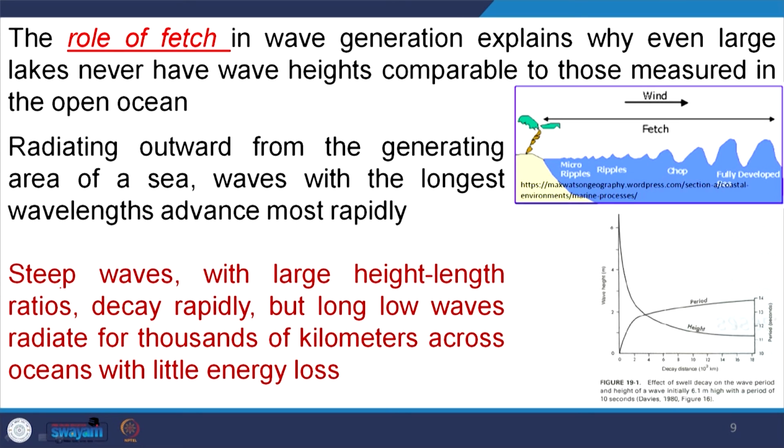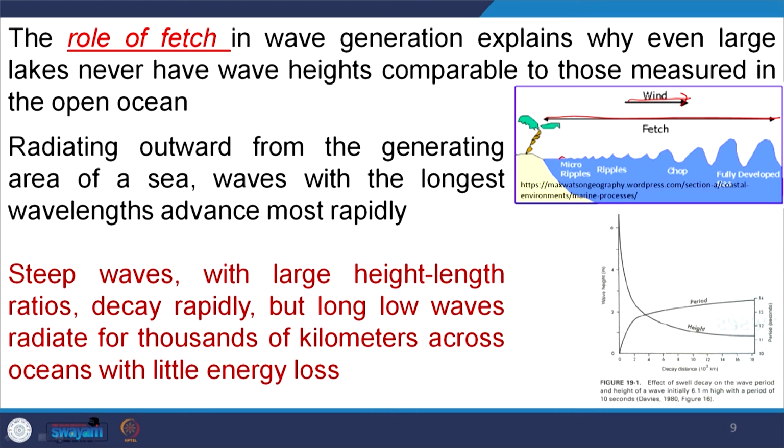Radiating outward from the generation area of the sea, waves with the longest wavelength advance most rapidly, and those with small wavelengths trail behind. Here, if you see, this is the fetch and the wind is blowing in this direction.